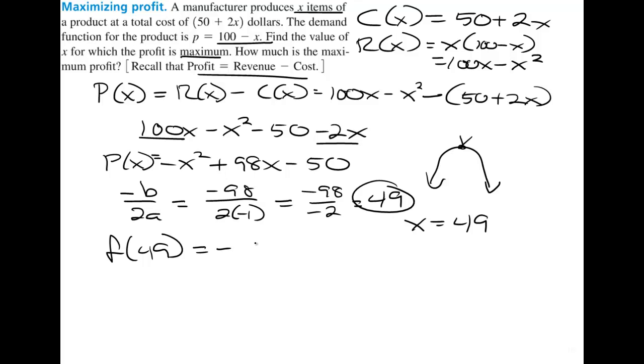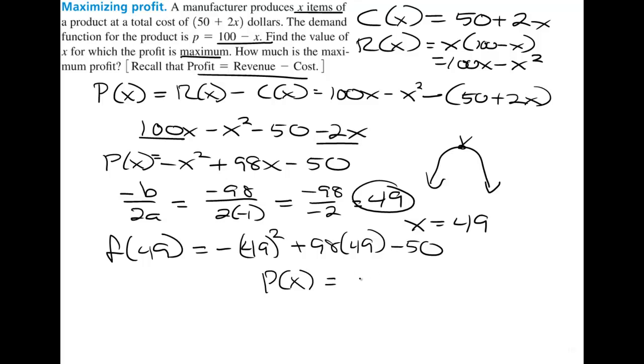So you're plugging in negative 49 squared plus 98 times 49 minus 50. Crack out your calculators, do the work, and you get that your profit equals $2,351. And that's it. That's the maximum profit we get if we produce 49 things.